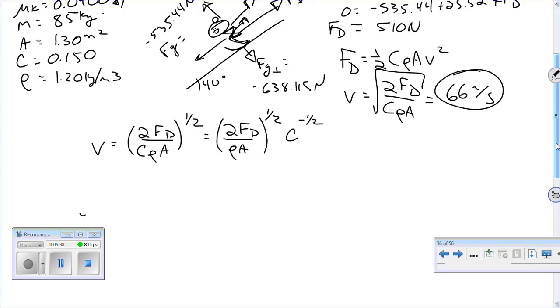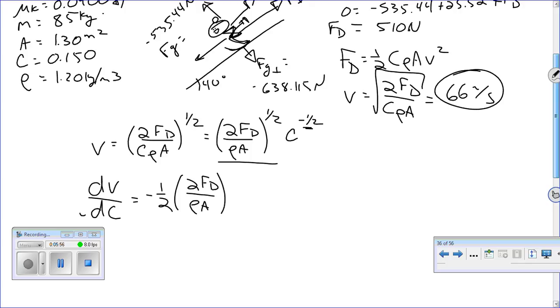Cool. So now I can take my derivative. So I want to take the derivative of the velocity with respect to that drag coefficient. I'm just using the power rule, right? I'm going to take this negative 1/2 and pull it down out front. So you're going to get negative 1/2. This mess is just a constant, 2F_D over rho A to the 1/2 times C to the negative 3/2. Okay?